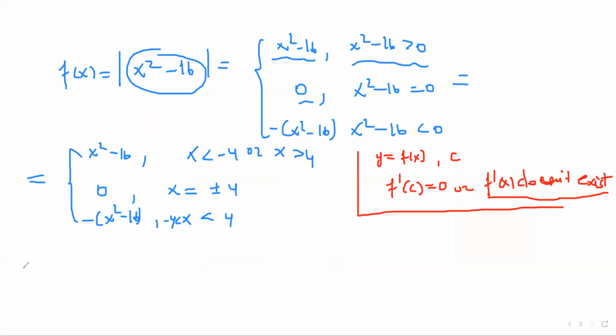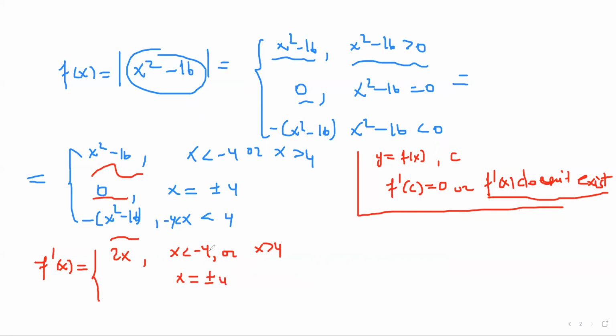So let's find the derivative of f. f'(x) equals 2x if x is less than -4 or x is greater than 4. If x equals plus or minus 4, you see that plus or minus 4 makes the expression inside 0. We said that the absolute value at 0 doesn't have a derivative, so the derivative doesn't exist.